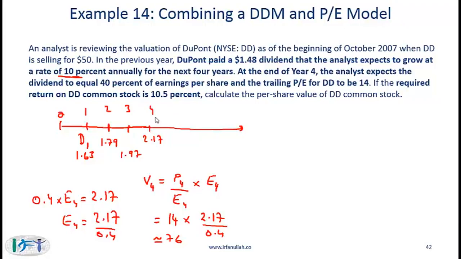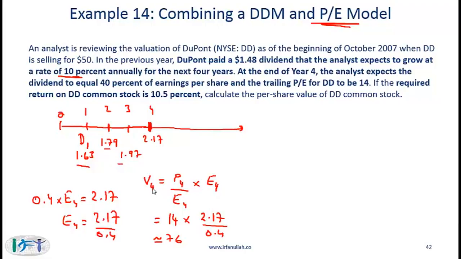And then at time 4, we will use the given PE ratio to come up with what the value of the stock is expected to be at the end of period 4. So in addition to these 4 dividends, we also have a value at the end of period 4.